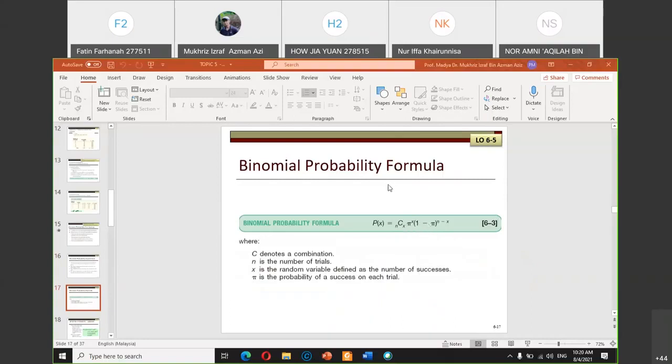So that is the standard binomial probability formula. If you want to calculate P(X=2), every piece of information will be provided. You will know the number of trials, the x that you are looking for, and the probability of success. So just plug into this formula and use your calculator to perform the calculation.